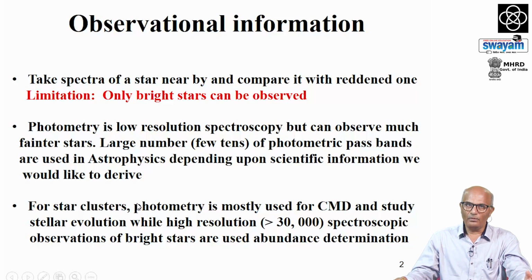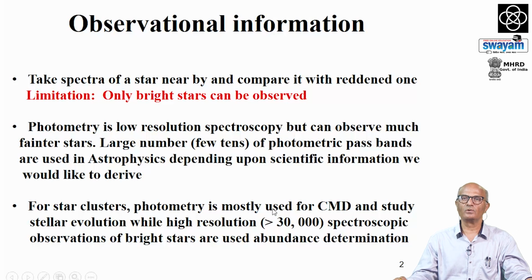So, while we study any star cluster, photometry is mostly used for the color magnitude diagram and to study stellar evolution, while high resolution, that is more than 30,000, is used for spectroscopic observation of bright stars, and one can find out their atmospheric properties like abundance and so on. So, both techniques can be used.